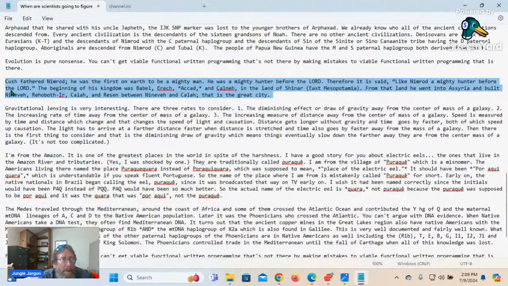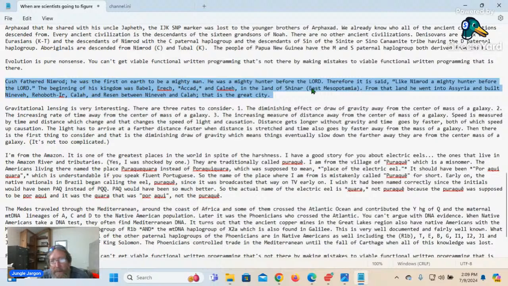So we got Cush fathered Nimrod. He was the first on earth to be a mighty man. He was a mighty hunter before the Lord. Therefore it is said, like Nimrod, a mighty hunter before the Lord. The beginning of his kingdom was Babel, Erech and Akkad. He was the first king of Accad and Calneh in the land of Shinar, East Mesopotamia.